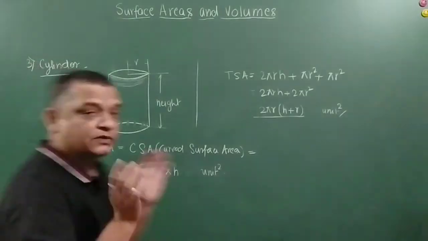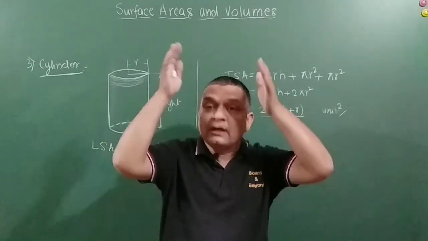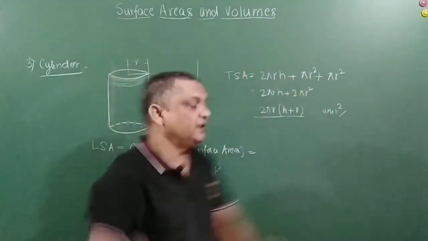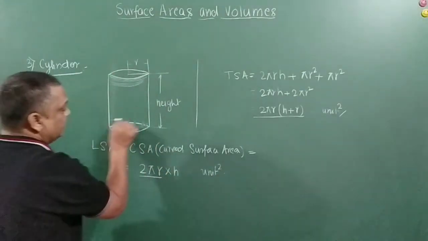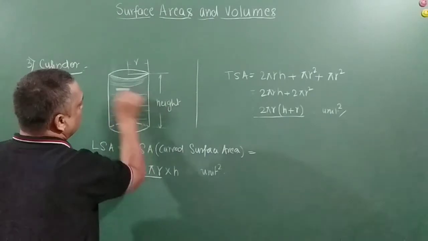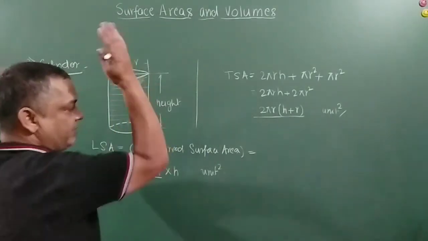Now coming to the volume. As I told you friends, for a regular solid which maintains its width along its height, you can see this width is always maintained. All the lines which I have drawn are equal, right? So that means the width is maintained.